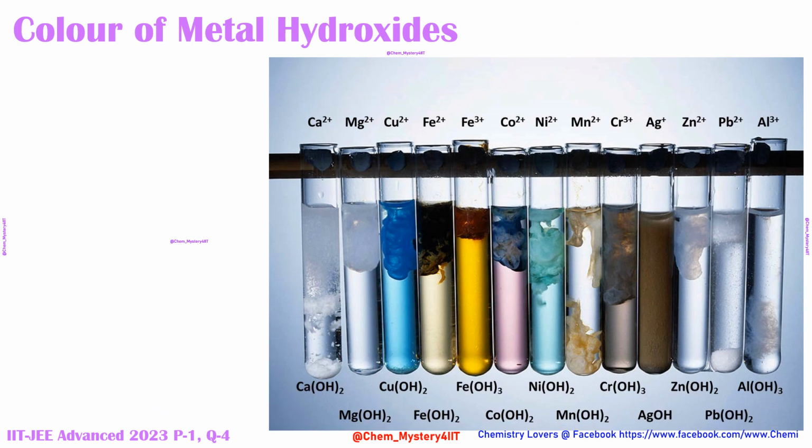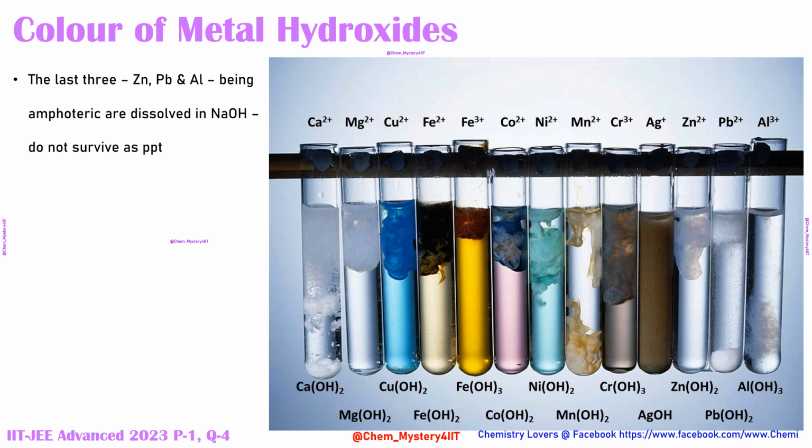Moving further, we have our discussion about why it cannot be the last three options, which were zinc, lead, and aluminium. These last three appear white in color, but they cannot be because they are all soluble in sodium hydroxide.